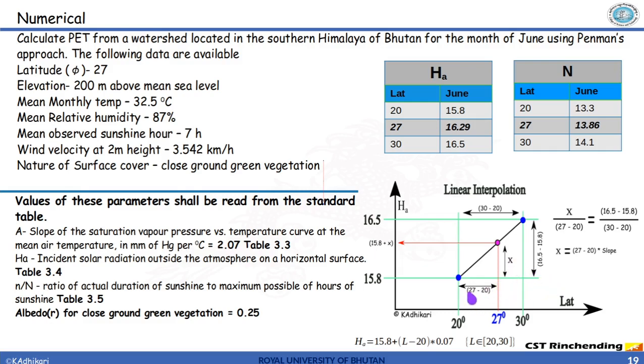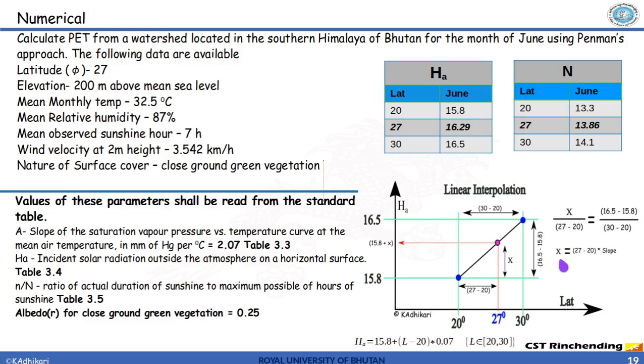So x divided by 27 minus 20, this distance, should be equal to this height, which is 16.5 minus 15.8, divided by this length, which is 30 minus 20. I have put this in terms of an equation here, expressing everything in terms of x. 16.5 minus 15.8 divided by 30 minus 20 is change in y divided by change in x, which is nothing but the slope of this line.